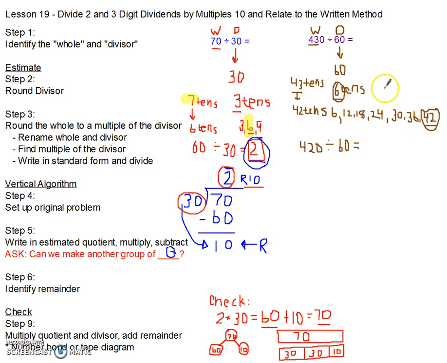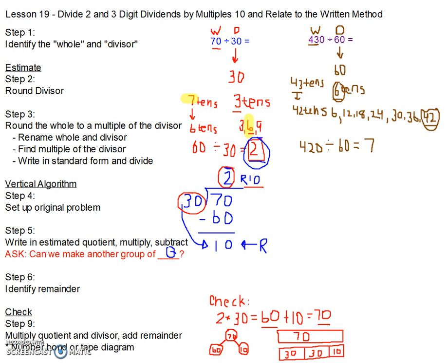The 10s would cancel each other out or divide by 10s. 10 divided by 10 would be 1, and then I'm left with 42 divided by 6, or how many 60s can go into 420, which is 7.